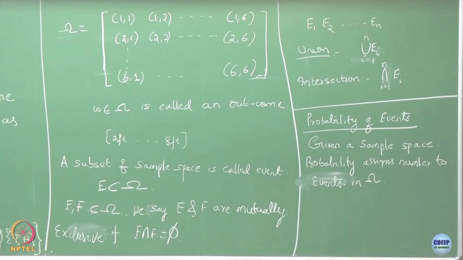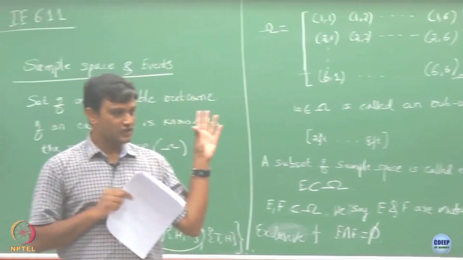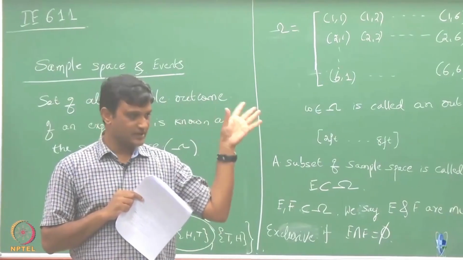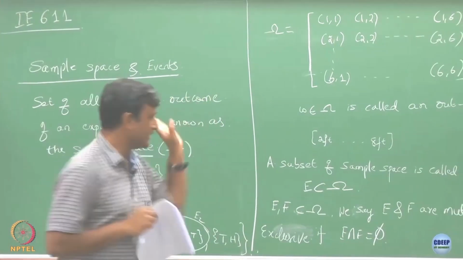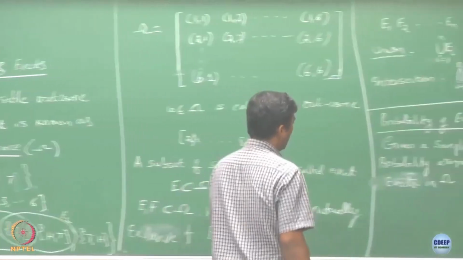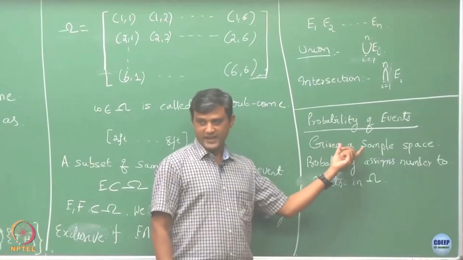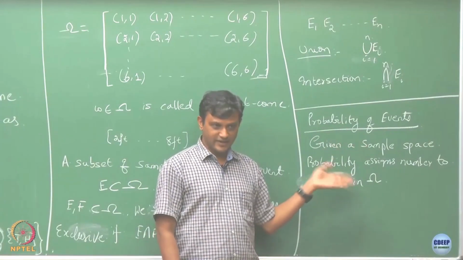Henceforth, when I say a random experiment, it will always come with an associated sample space. When I say random, it is going to take some possible outcomes. I'm going to call that a sample space, and on that space I have an associated event space.